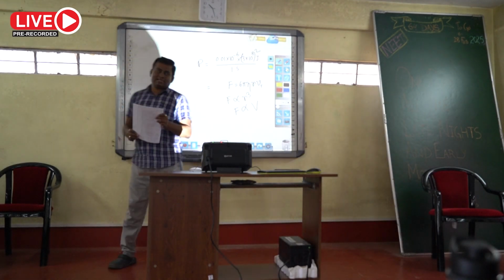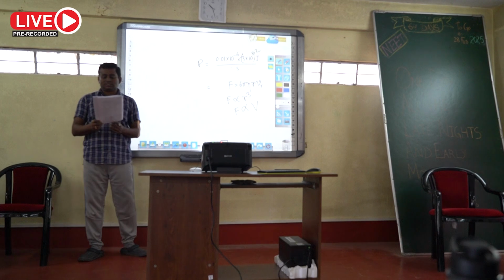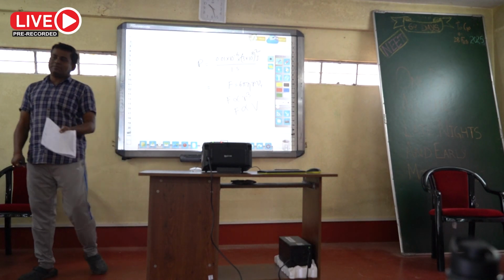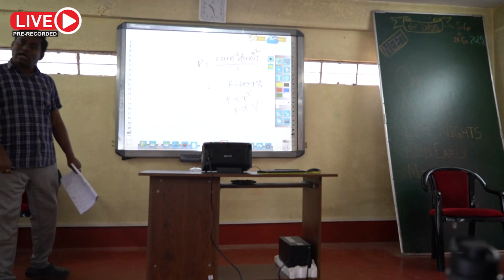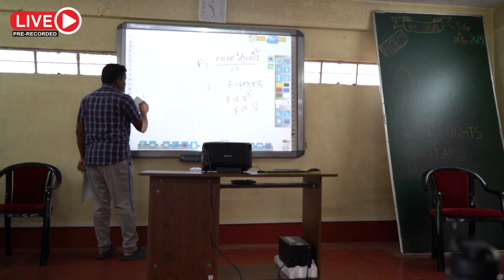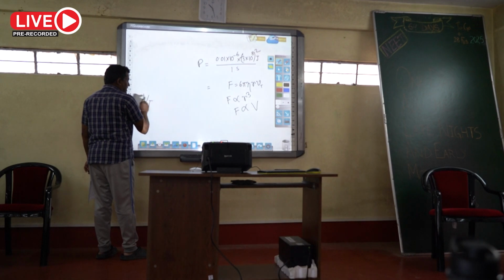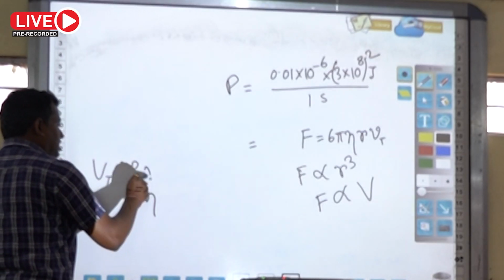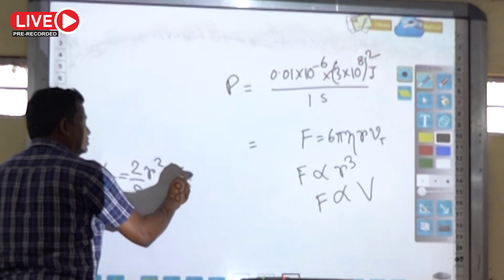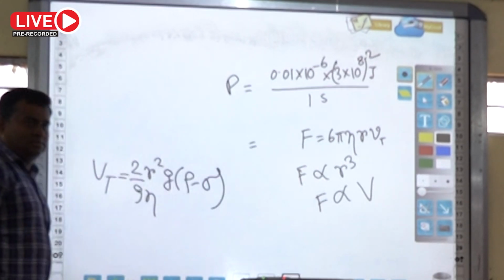I think this one is the correct way to solve this, because if you consider the terminal velocity constant, that means you are neglecting that terminal velocity depends on r, because Vt equals 2 by 9 eta r square g into (rho minus sigma).